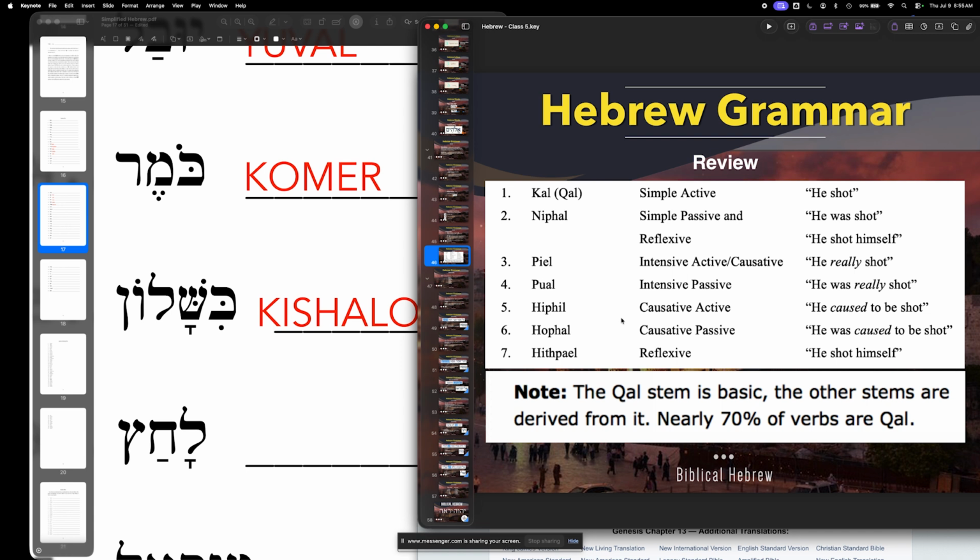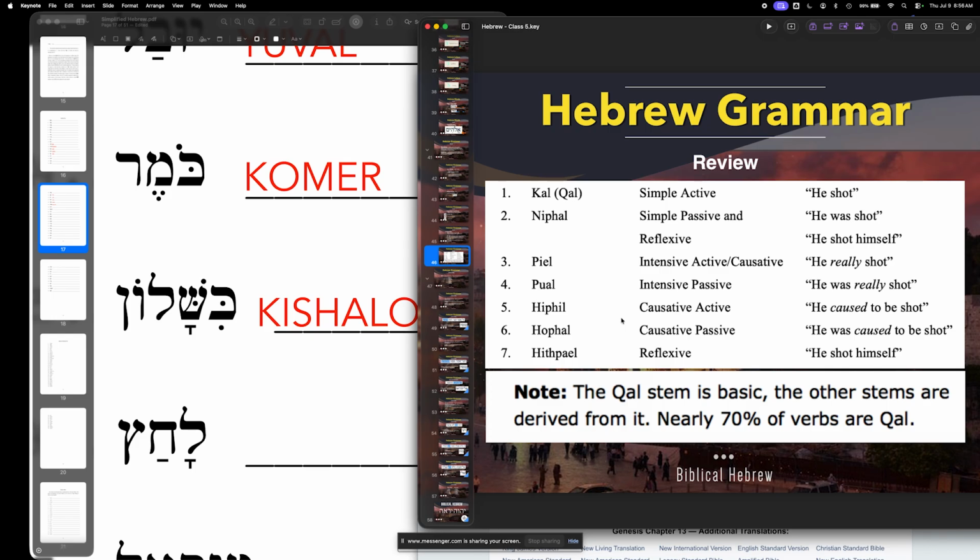What's the piel? Ooh. Intensive active. Meaning, yes, you're doing the action of the verb, but not in a little bit of a way, in a lot of a way. Now, the example here is it's not that he shot somebody, he really shot somebody. He unloaded an entire clip of a gun into them. That's intensive.